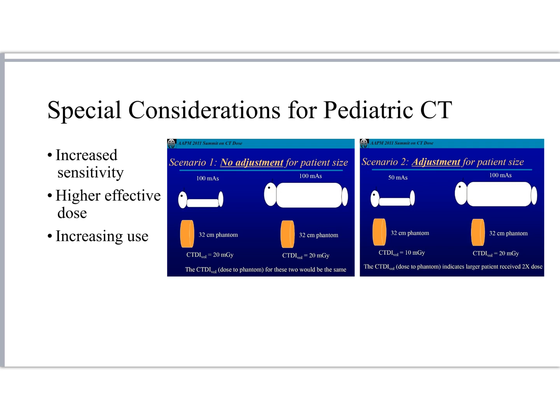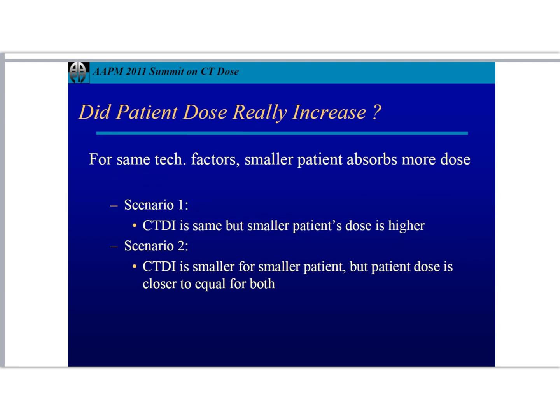So if we look at these two different scenarios, scenario one, we did not make any adjustment for patient size. The CTDI reports 20 milligray. If we did make an adjustment for patient size, we turned down the mAs for the pediatric patient. It dropped the CTDI in half, like we would expect. But what actually happened? Did the patient dose really increase or decrease, right?